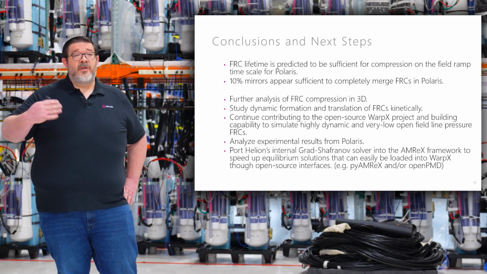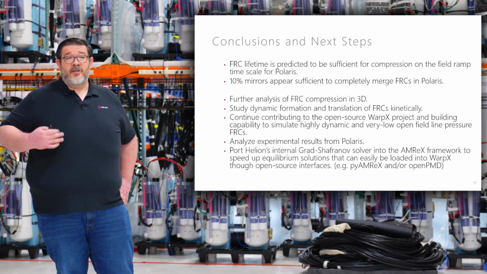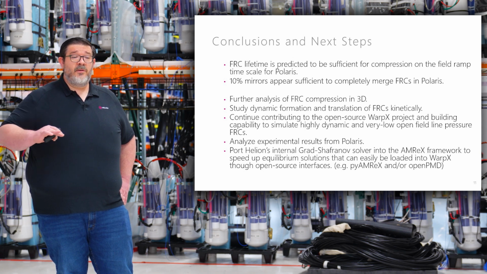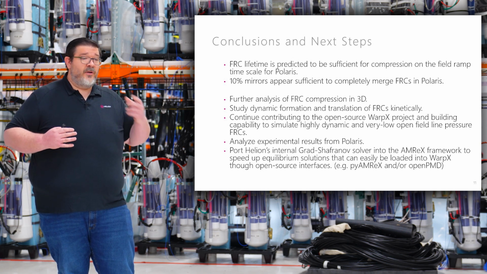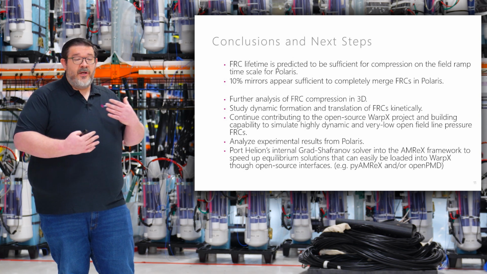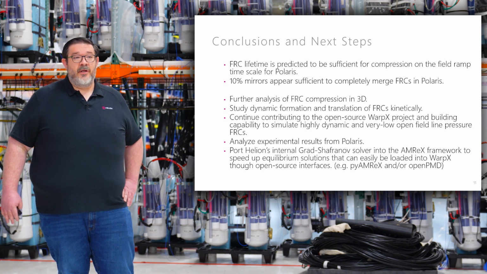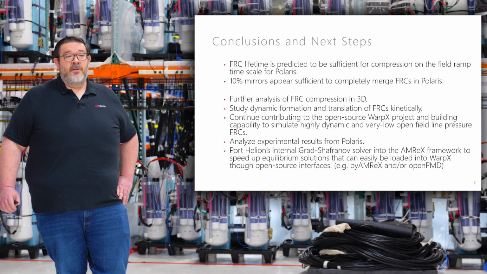Like I said previously, we need to add in some extra physics. We need radiation losses, electron heat conduction, and we're also adding an electron energy equation into the hybrid simulation in WarpX, which should be coming online soon as well. And with all of these things, we can do the bookkeeping, track the electron energy, track the energy transfer between the electrons and ions, and really have a very good first principles simulation of almost everything in the FRC except for the transport coefficients for the electrons.